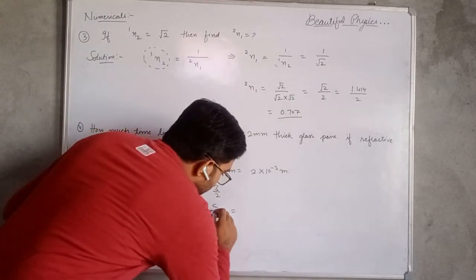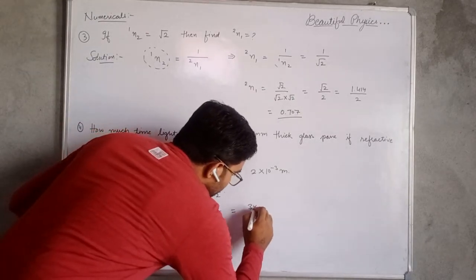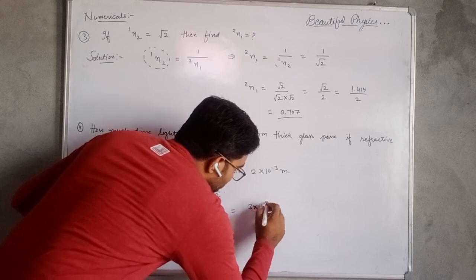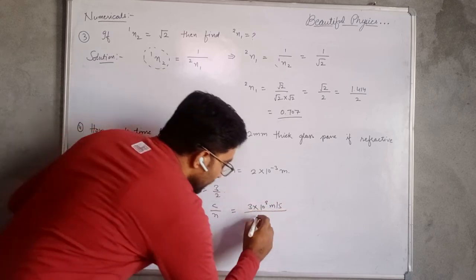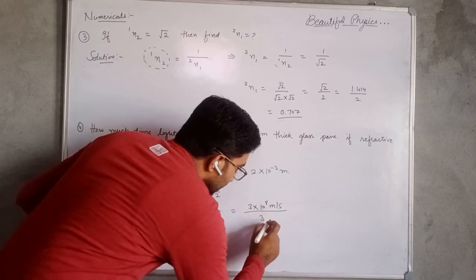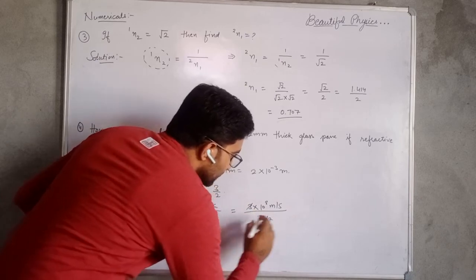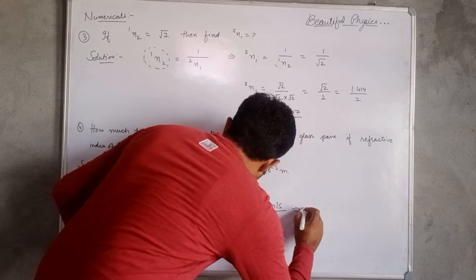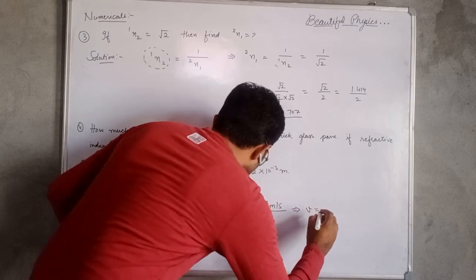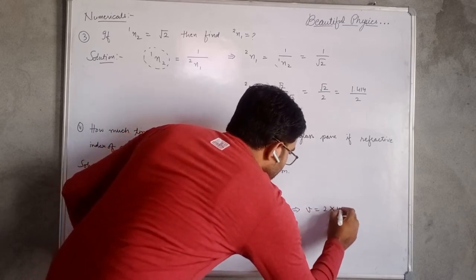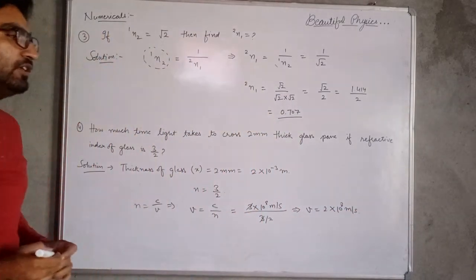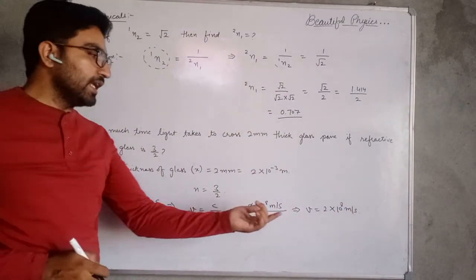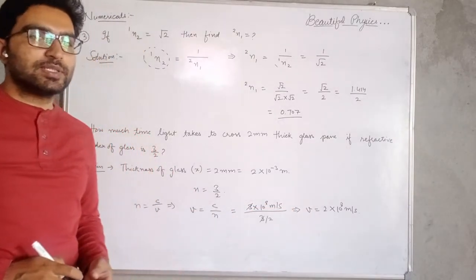We have c is equal to the speed of light in air, which is always 3 into 10 raised to power 8 meter per second, upon the refractive index of glass, 3 by 2. 3 cancels each other, and v will be equal to 2 into 10 raised to power 8 meter per second. So the speed of light in glass is 2 into 10 raised to power 8 meter per second.